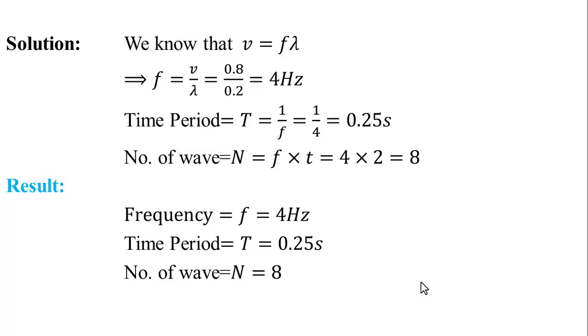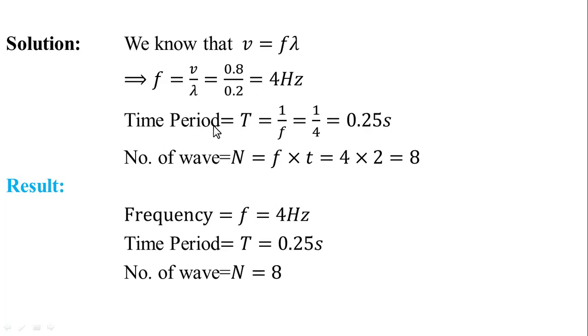First of all, write the solution. We know that v is equal to f lambda. Then f is equal to v upon lambda. So f is equal to 0.8 divided by 0.2, that is equal to 4 hertz.